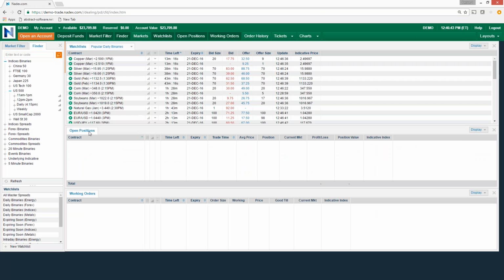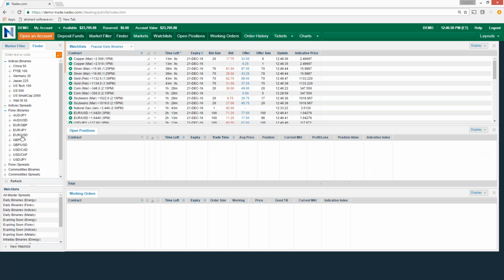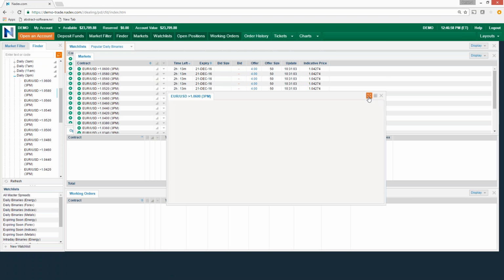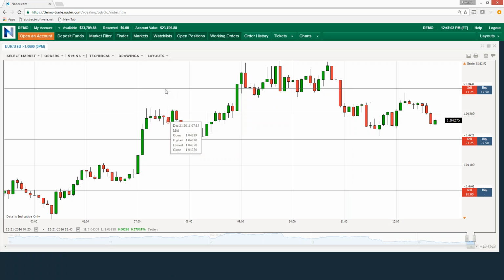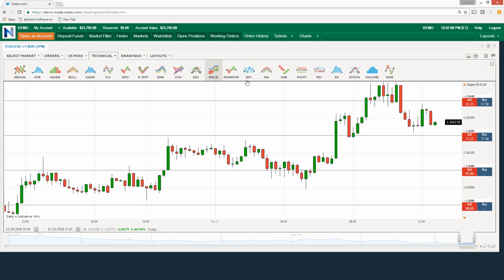So let's try and find a chart that isn't quite as sideways here. I think we'll probably find one, let's try the euro perhaps. So if we take a look here at the euro, we'll go to 15 minutes, go to technicals.